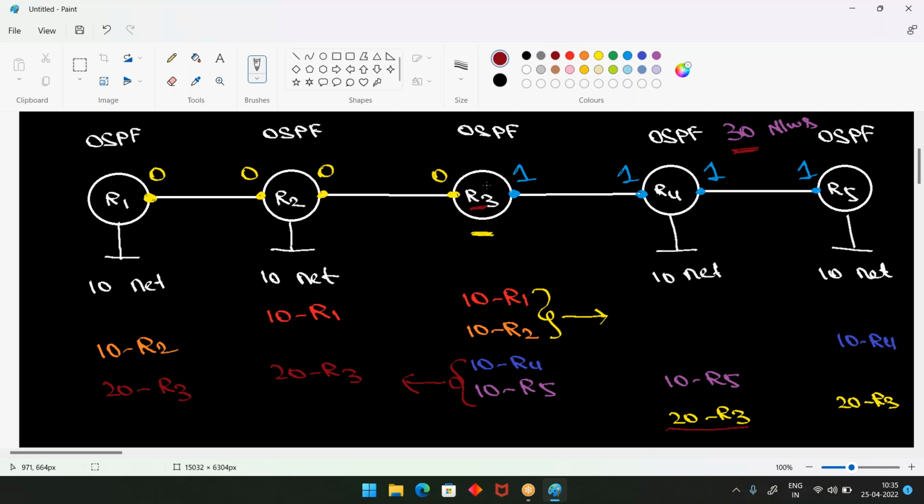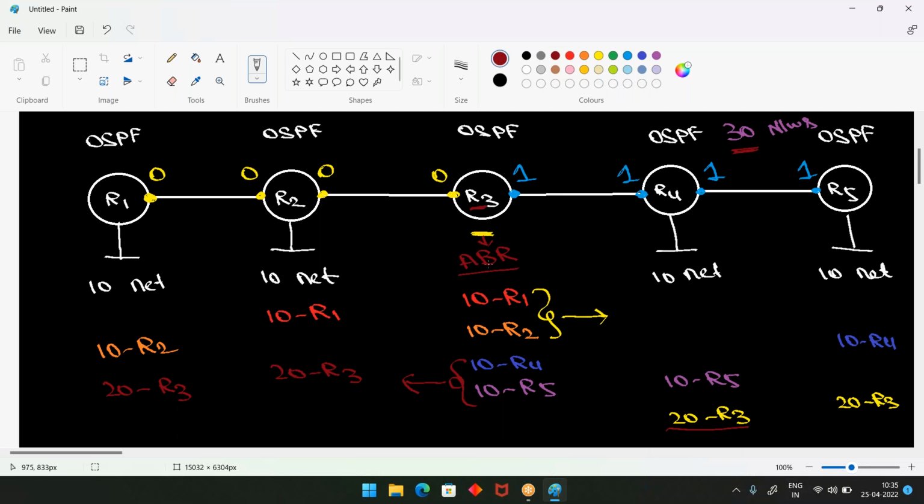So that's why this router is called an ABR router, the area border router. This router contains the two areas. Area border router. Yes.